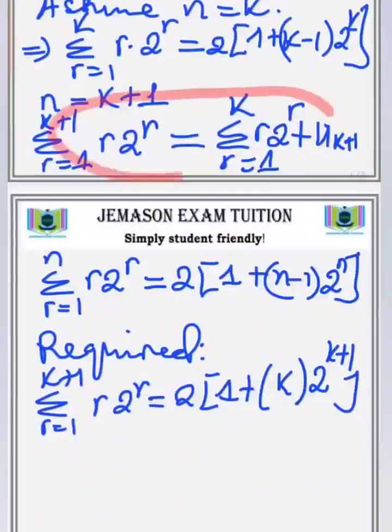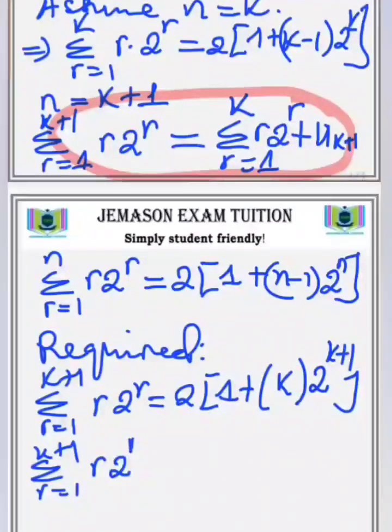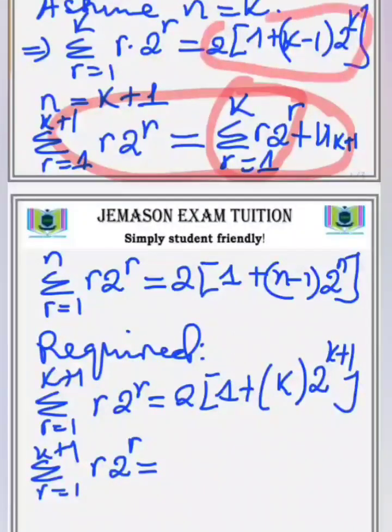So this is the statement that I'll be seeking to prove in this inductive step. So going back to the statement I started with, I would have summation from r equals 1 to k plus 1 of r times 2 to the r equals, from here now I need to replace this part of the statement by the right hand side of the hypothesis step. As I said, it needs to participate in the proof of the statement in the inductive step.